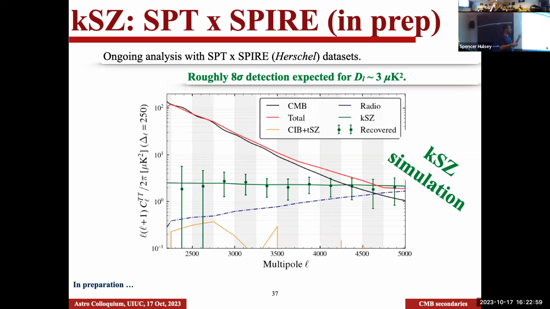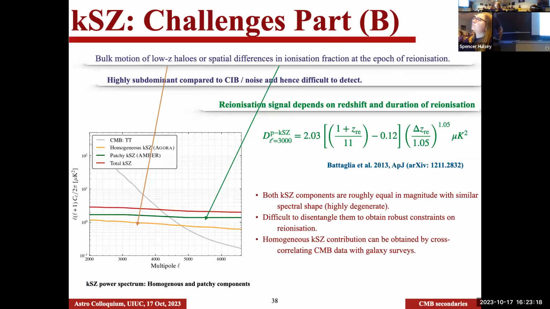That's already a big improvement compared to the 3 sigma detection from the previous data set. From simulations, we can recover this kSZ power spectrum, and the cumulative signal to noise is around 8.